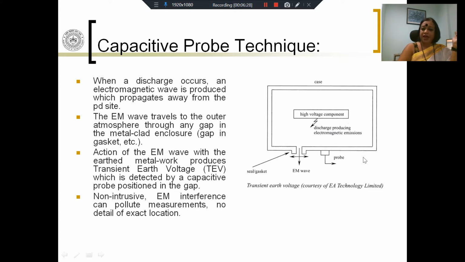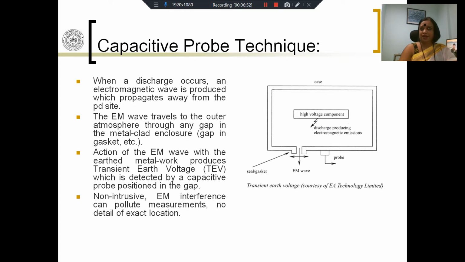Now, if this is metal encased, these electromagnetic radiations cannot travel outside. However, if there is any gap in this metal clad enclosure, the electromagnetic wave can travel outside through this gap, and when it does that, it can interact with the earthed metalwork.